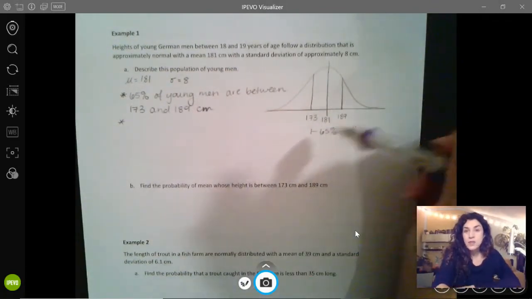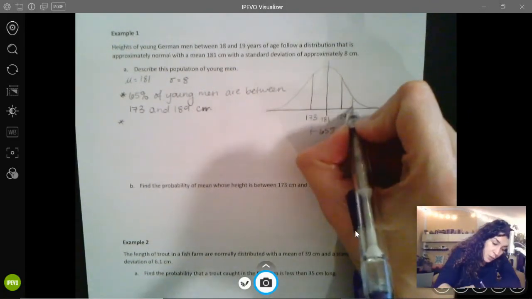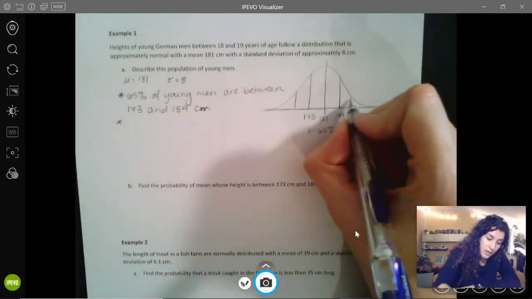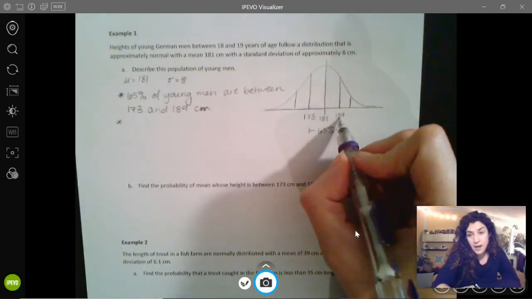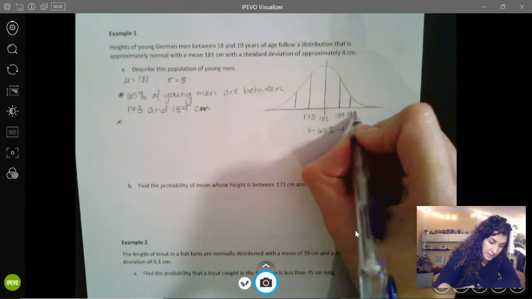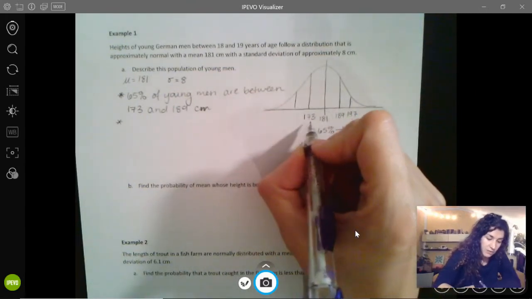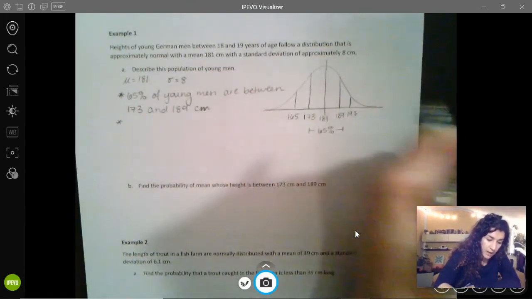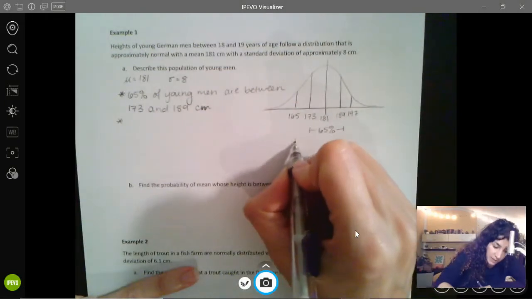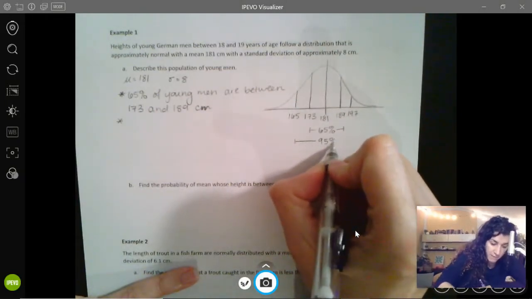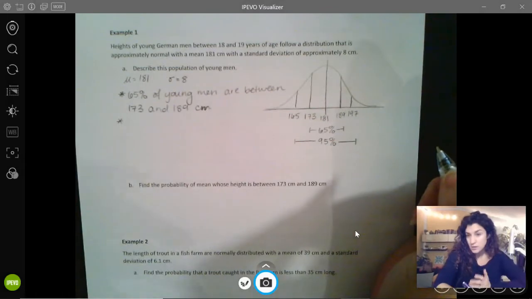And then to continue with that, we're going to add another standard deviation. We're going to add another 8. So 189 plus 8 is 197. 173 minus 8 is 165. And then we know that that represents 95% of our data just by using the empirical rule.